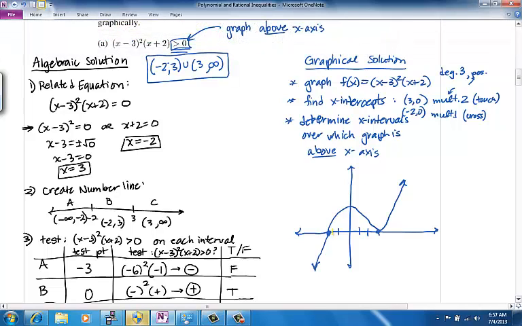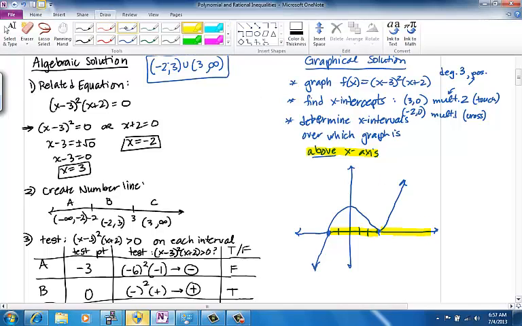So the intervals over which the graph is above the x-axis are that interval and that interval, exactly what we found in the previous example.